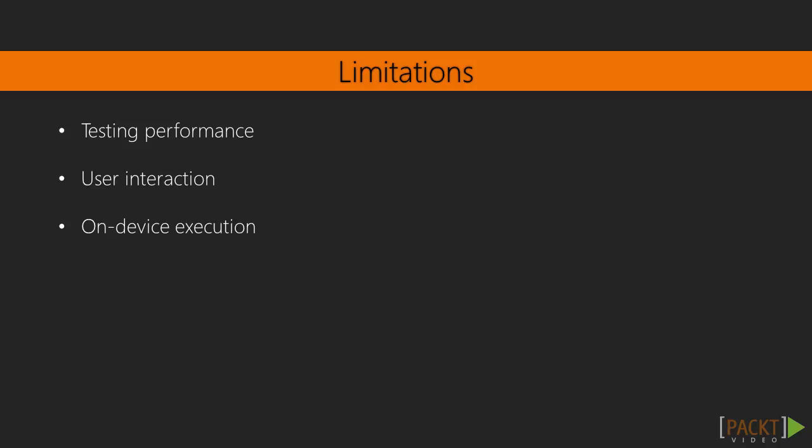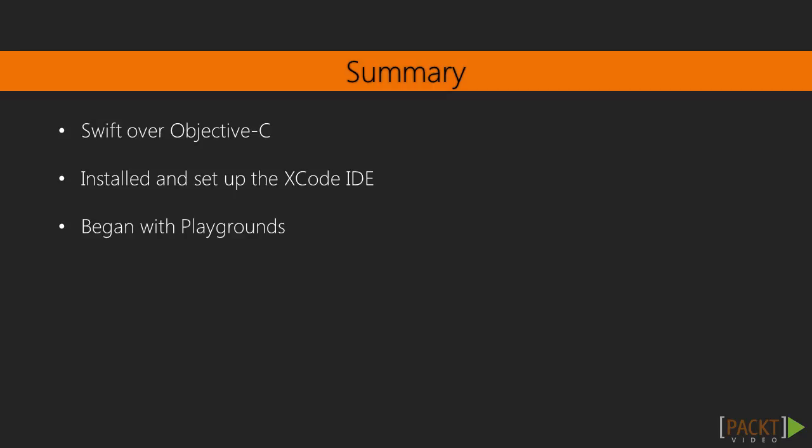In this video, we learned how to use Playgrounds. In this section, we learned some interesting points about the Swift programming language and its comparisons with Objective-C, how to install and set up the Xcode IDE, the main IDE supported by Apple to create iOS and OS X apps, and how to use the tool named Playgrounds to run and test Swift code in a fast and easy way.